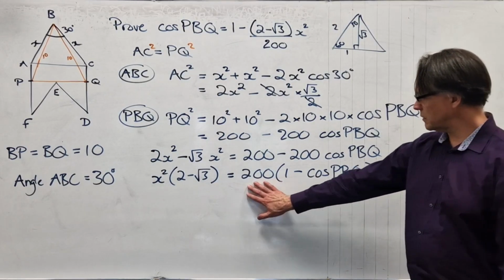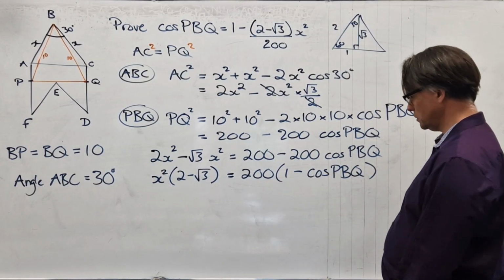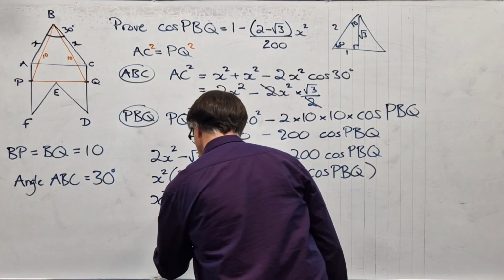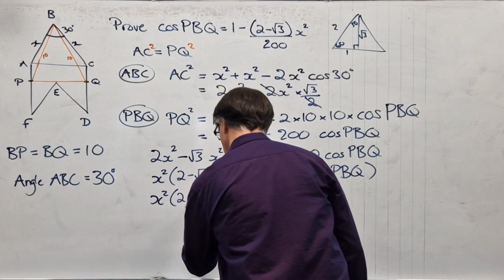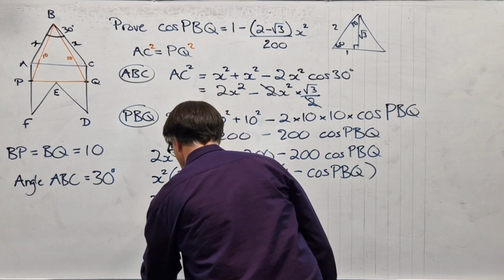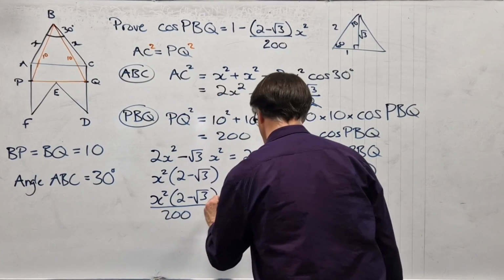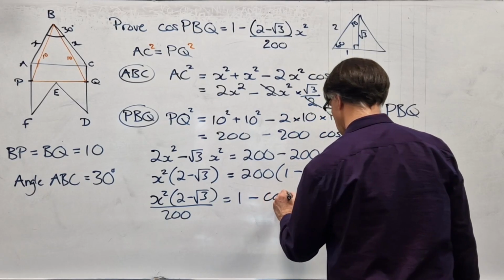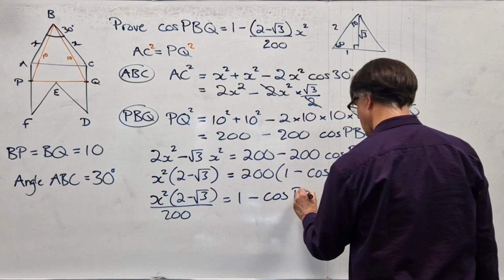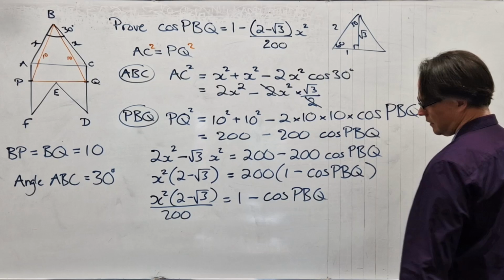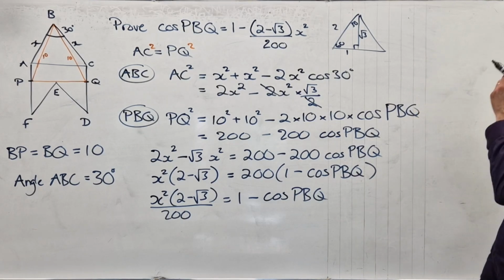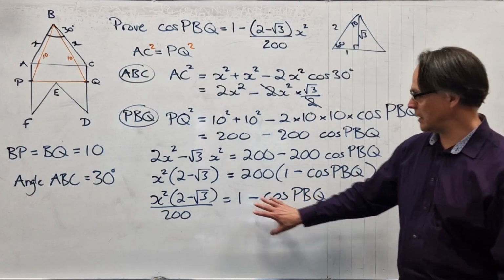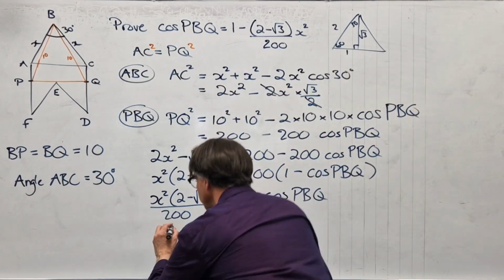Now, if I divide both sides by 200, okay, we're basically there, aren't we? I just need to add cos PBQ to both sides. That will get that to move over to there.